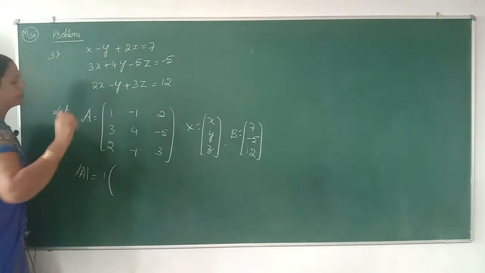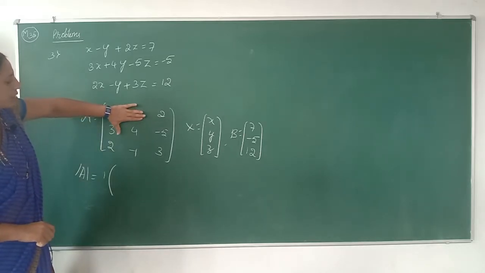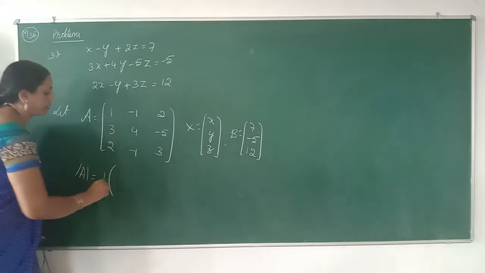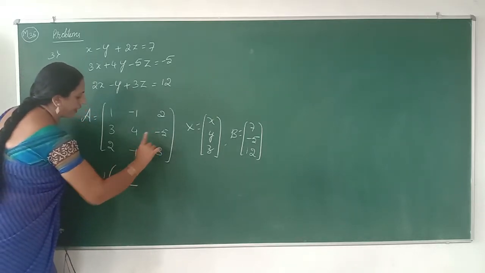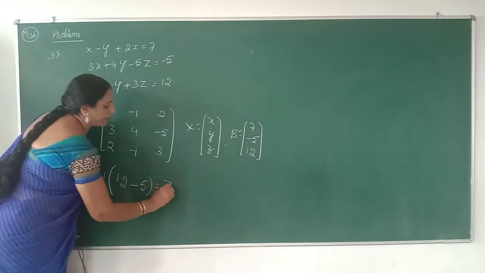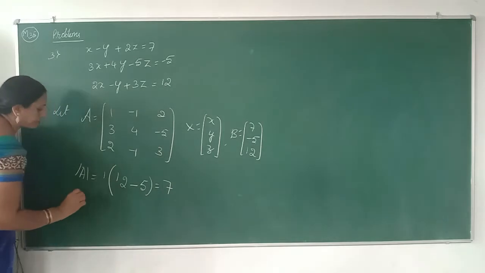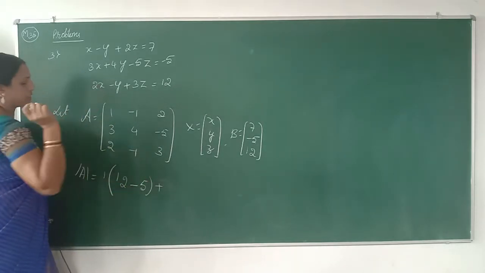So 1 is an element of first row, first column, and these get neglected. Remaining are 12 minus into minus is plus 5, plus into minus is minus. Then 12 minus 5 is nothing but 7. Minus into minus is plus.